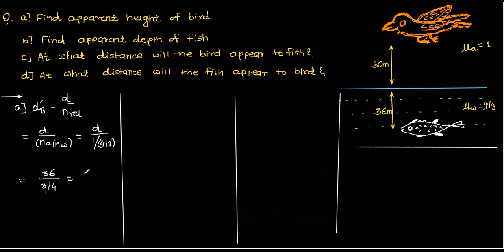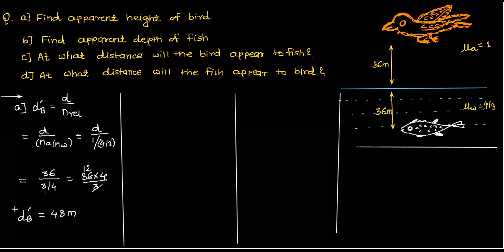That is equal to 36 into 4 divided by 3, and therefore db dash is equal to, this is 12, and you are getting 48 meter.